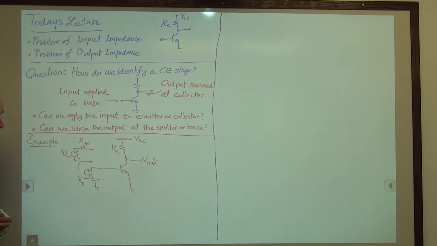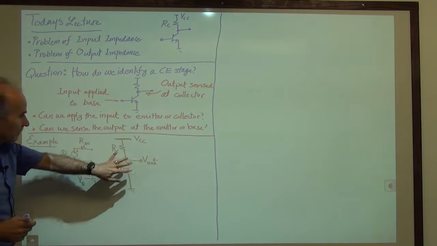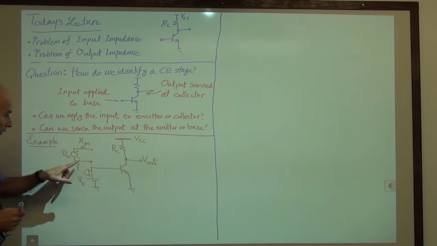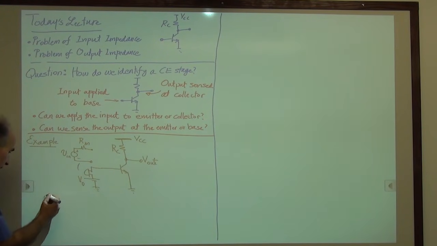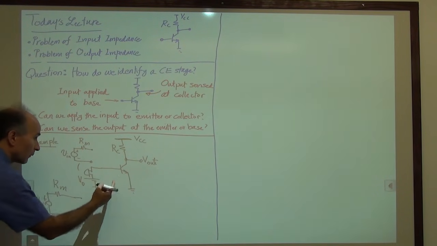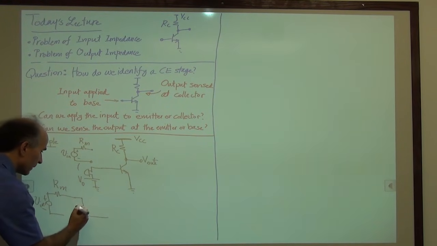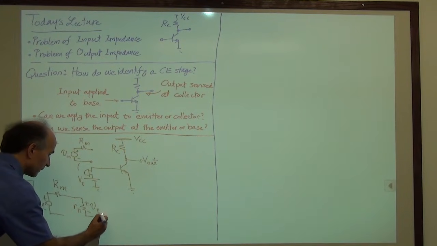Okay, so what we will do is we just draw the small signal model of the circuit, incorporating the microphone model. So here's the microphone model, Vin, then we have a resistance Rm, then we go to the transistor itself, which has R pi with V pi across it.